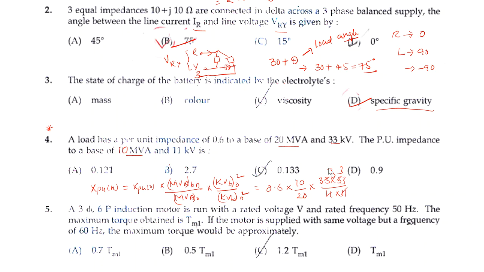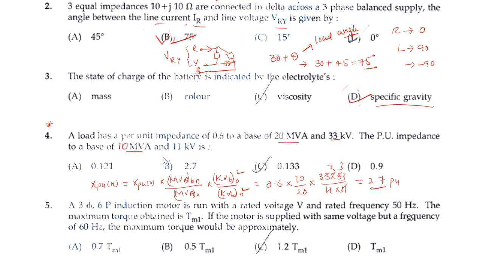If you solve this, you will get the answer as 2.7 per unit. So B is the right answer for this question.